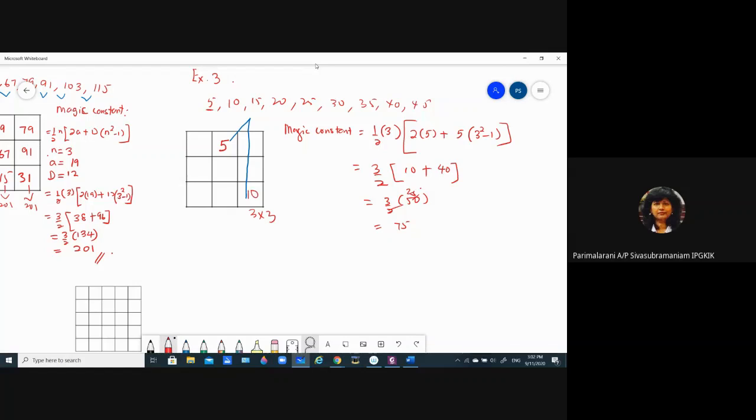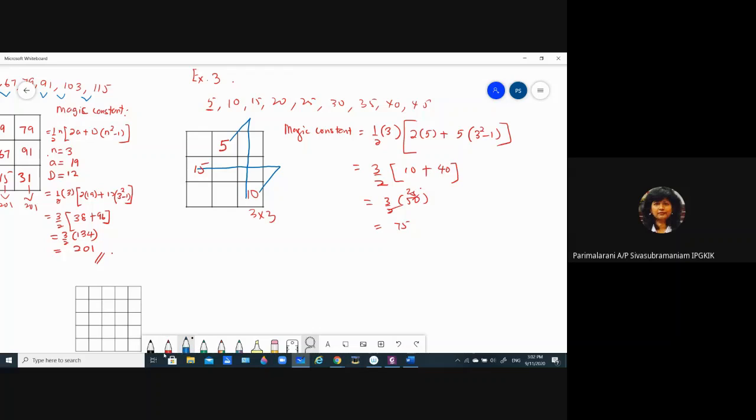This is 10. Now from here, I'm going to move diagonally up and to the right. I'm also outside the box. Because I'm outside the box, I'm going to go to the end of that row here. The next number is 15, so I'm going to put 15 here.